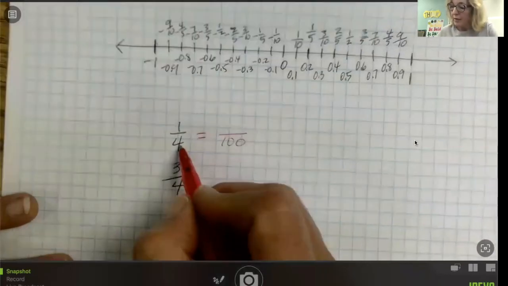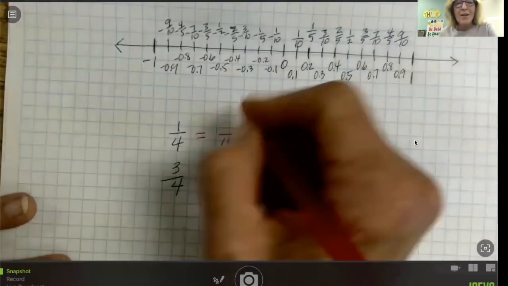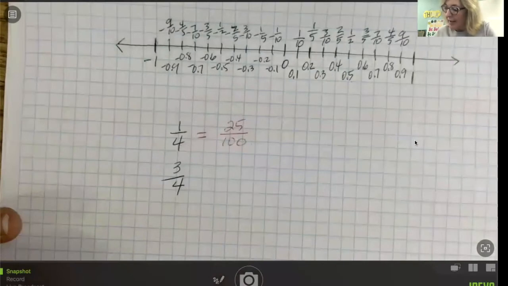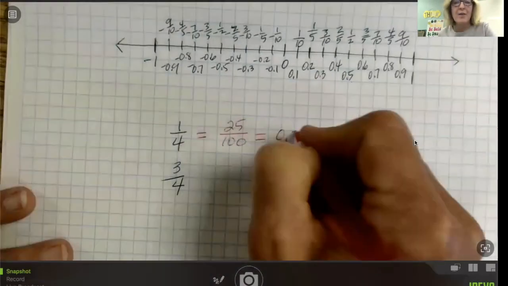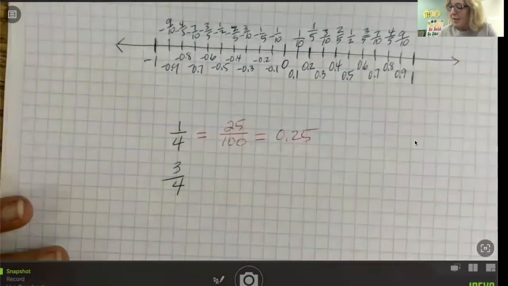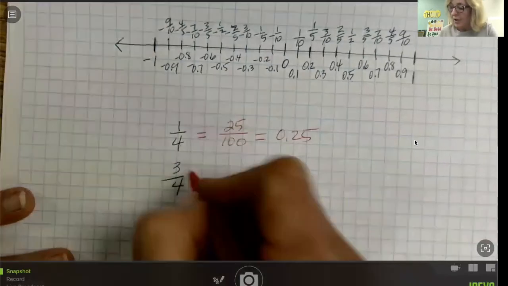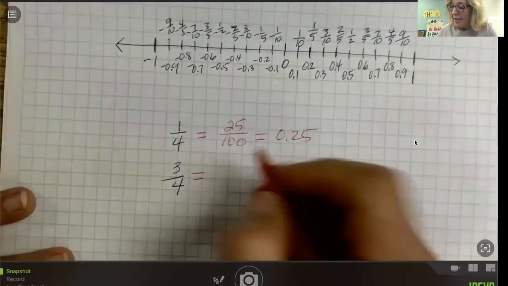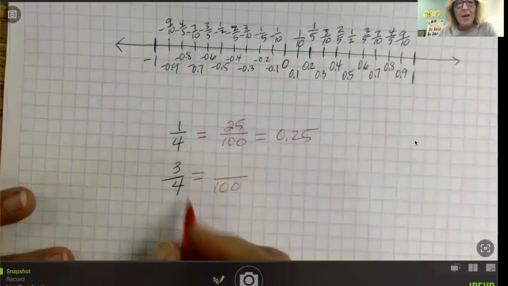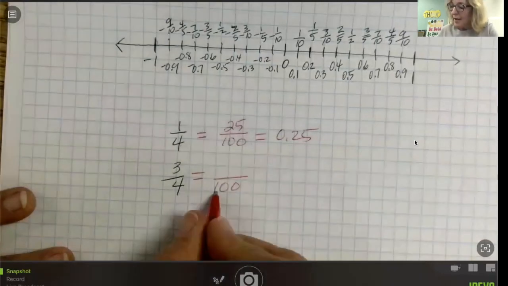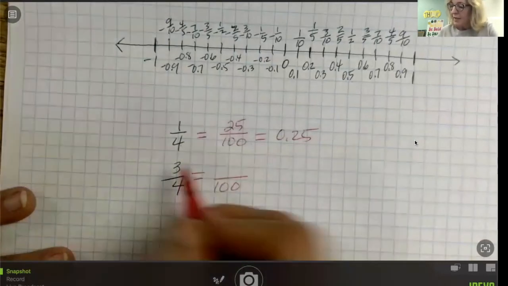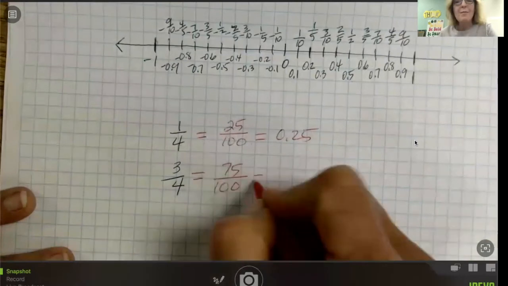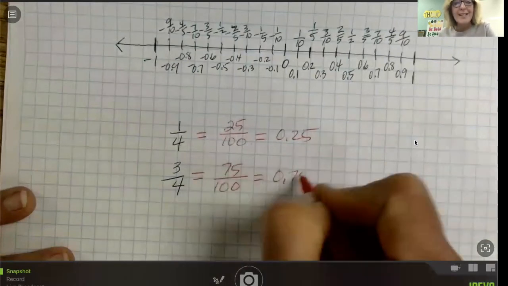So an equivalent fraction would be 25 hundredths, which we could then put in decimal form as 0.25. All right, if I wanted to do the same thing with 3/4, I could. I could say, well, it takes 25 fours to make 100, so 3 25s is 75, and 75 hundredths as a fraction can be written as 0.75 in decimal form.